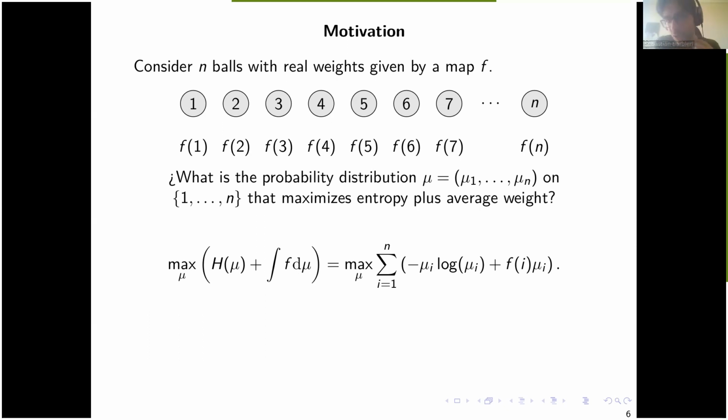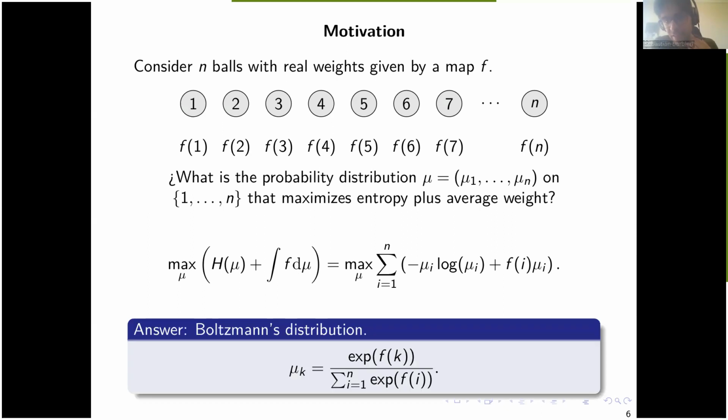You can show that the maximizer is exactly this Boltzmann distribution. Now you can extend this to sets of configurations, and this gives you a notion which is called Gibbs measures. In a nutshell, this is what Gibbs measures are.